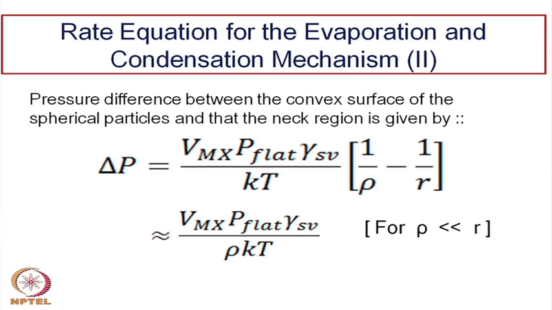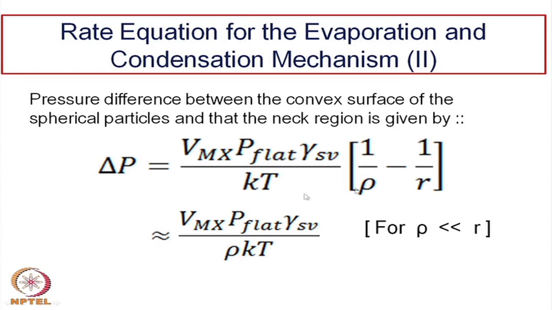Once again this is related to V_MX, the volume of one formula unit MX, where MX is the compound of which the particles are made. Then P flat is the vapor pressure, sometimes also called the partial pressure, of the flat surface, which is the reference surface, and gamma SV is the solid to vapor surface energy, kT is the Boltzmann constant times the temperature T.